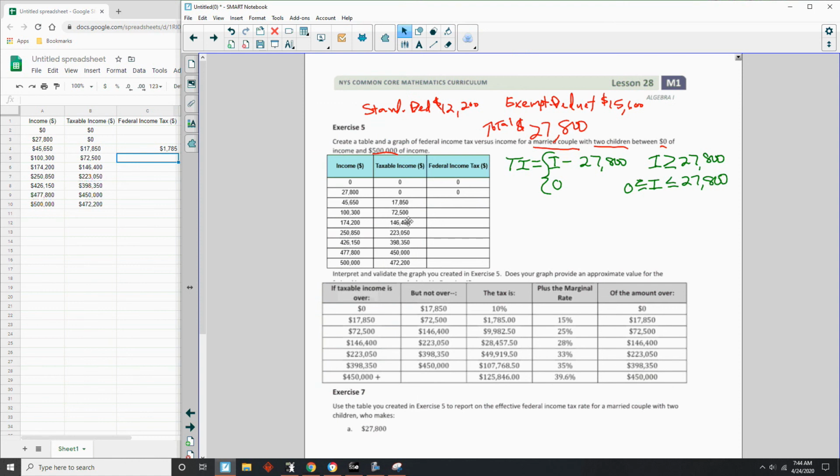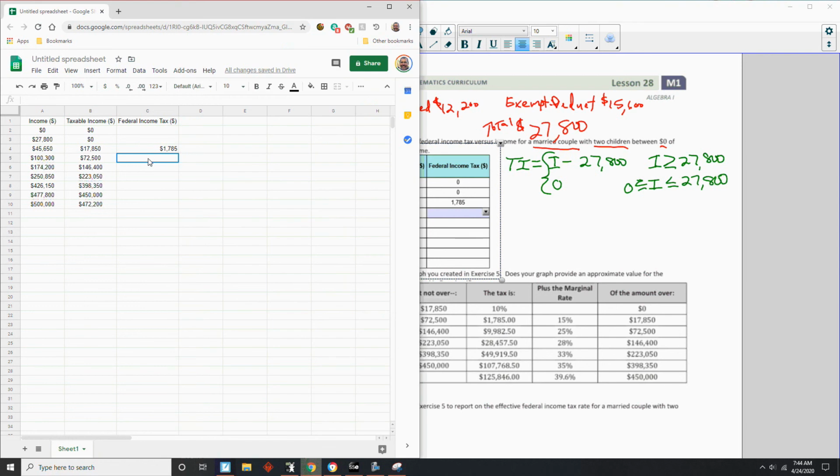Okay, so the next one is 72.5. Let me enter this here. All right, so now we're at 72,500. 72,500 is 9,982.50, and that was 25%.